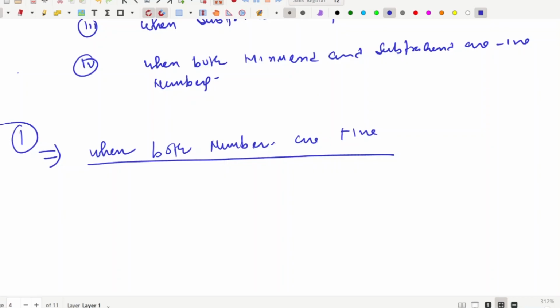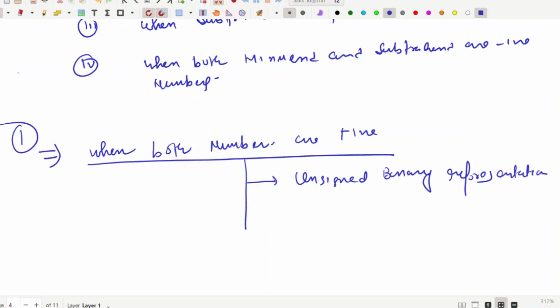There are two types of representation of positive numbers. One is the unsigned binary representation and another one is the signed binary representation. Let us take examples one by one.